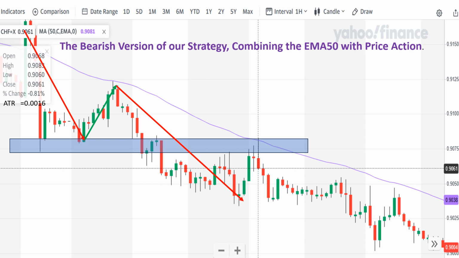Buyers subsequently step in, pushing the price toward the former support, now resistance, making a significant movement. Here the price rests below the 50 period exponential moving average and makes contact with the EMA50, which is the rule for this strategy to act as a resistance level.